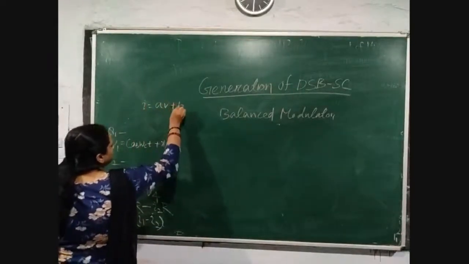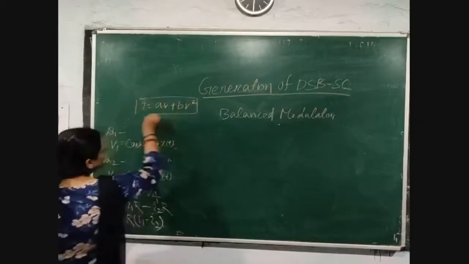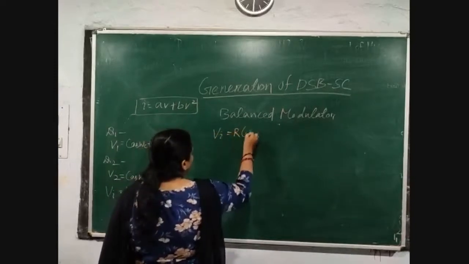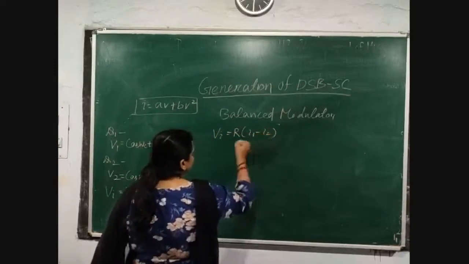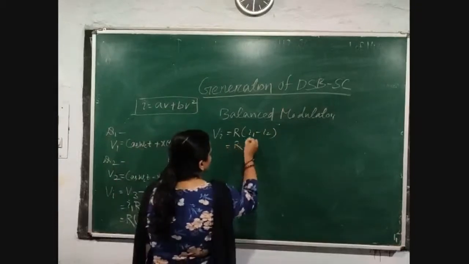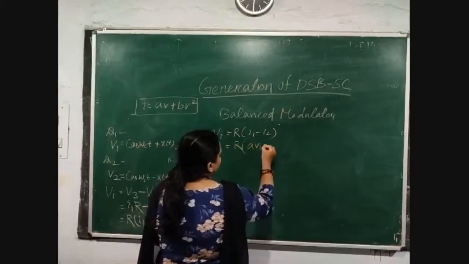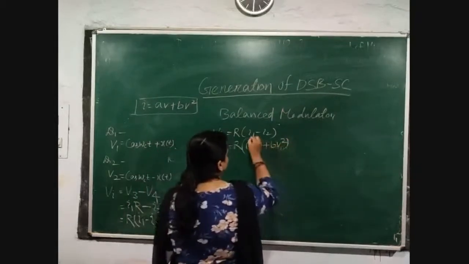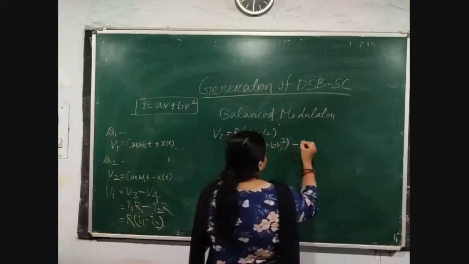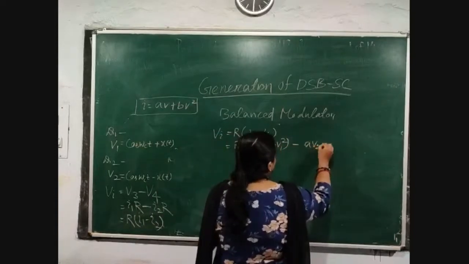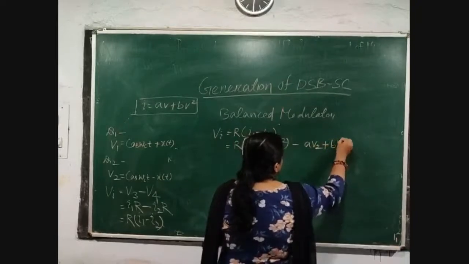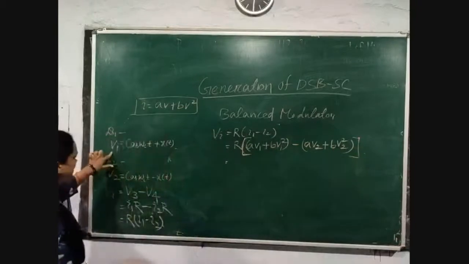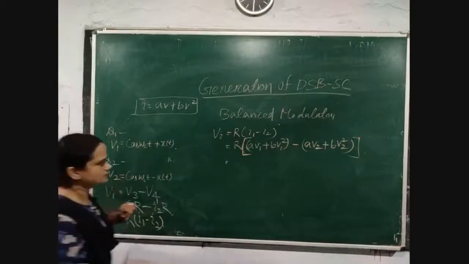So VI equal to R into I1 minus I2, that is R times A V1 plus B V1 square minus A V2 plus B V2 square. Then we apply the value of V1 and V2 in this equation.